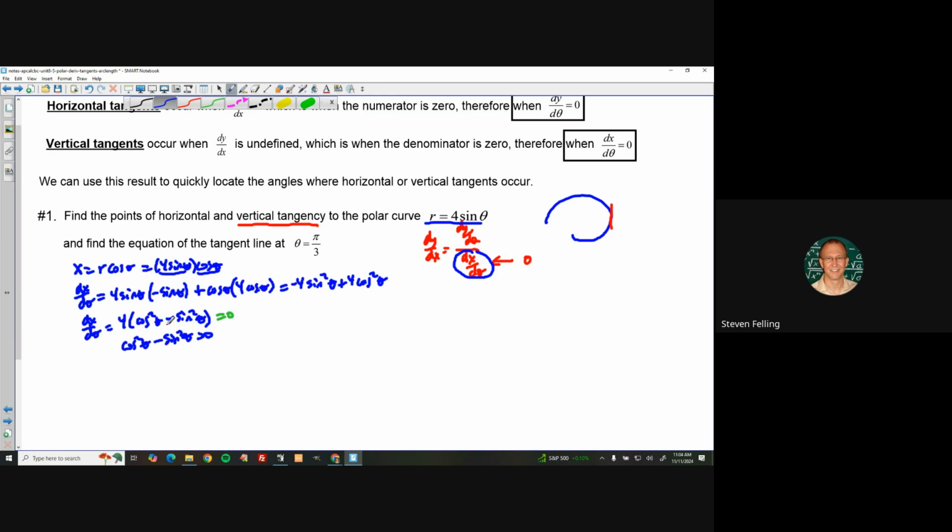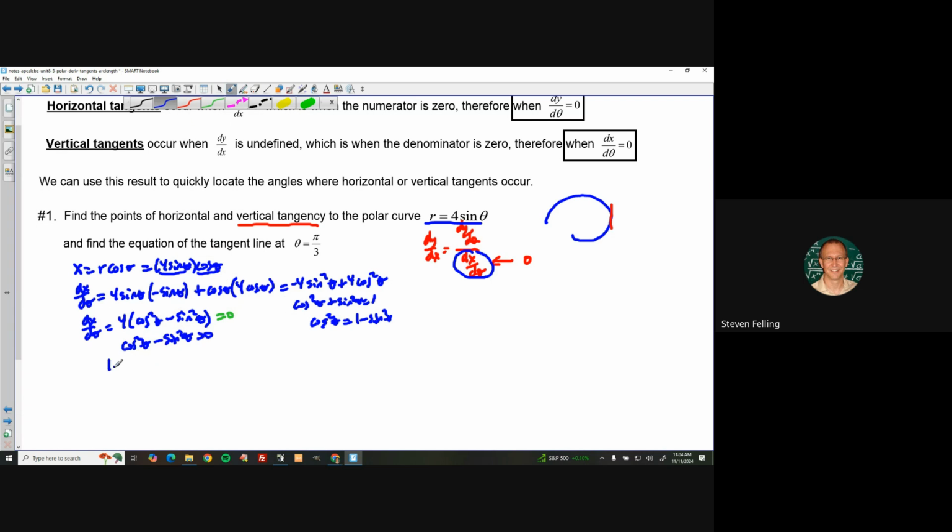I think what I'm going to do is let's convert this all to either sines or cosines. So we know that cosine squared plus sine squared equals 1. So that means that the cosine squared could be replaced with 1 minus sine squared. I think that'll help.